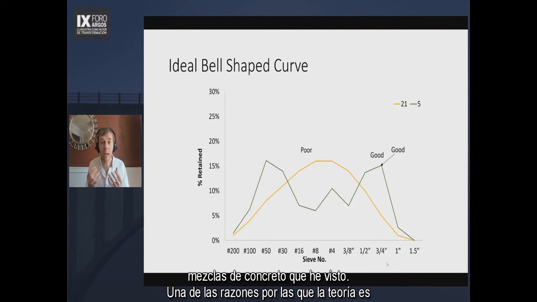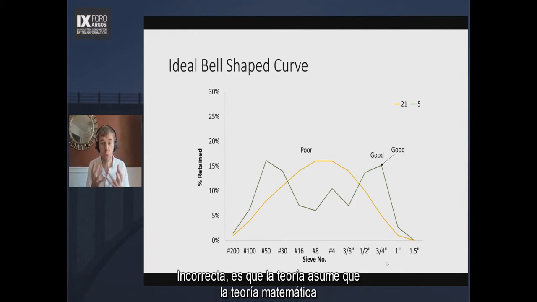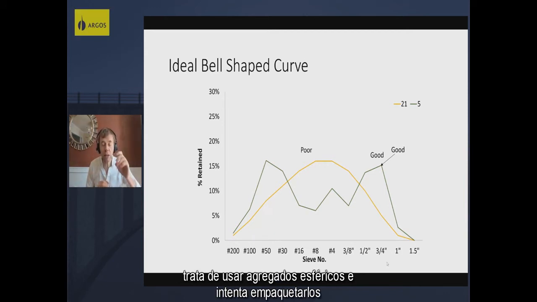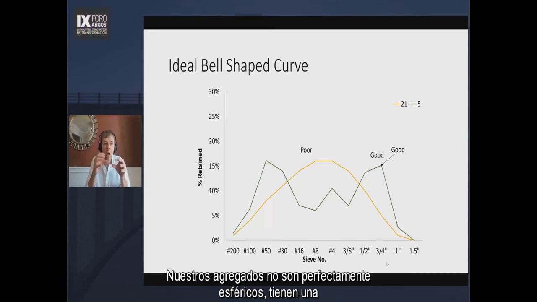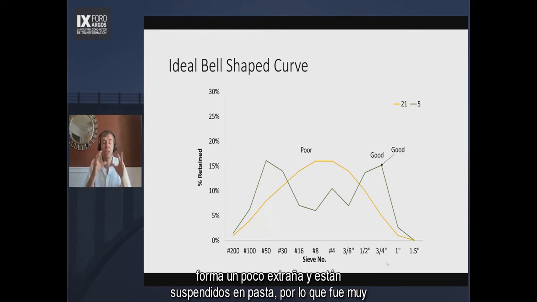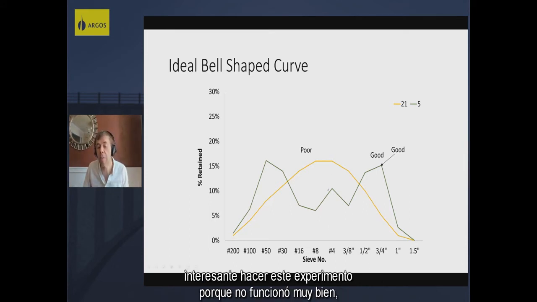But one reason why the theory is wrong is that the mathematical theory tries to use spherical aggregates, and it tries to pack them perfectly together. But in concrete, we don't have that. Our aggregates aren't perfectly spherical. They're a little bit weird shaped, and they're suspended in paste. And so it was very interesting to do this experiment because it didn't work out very well at all.